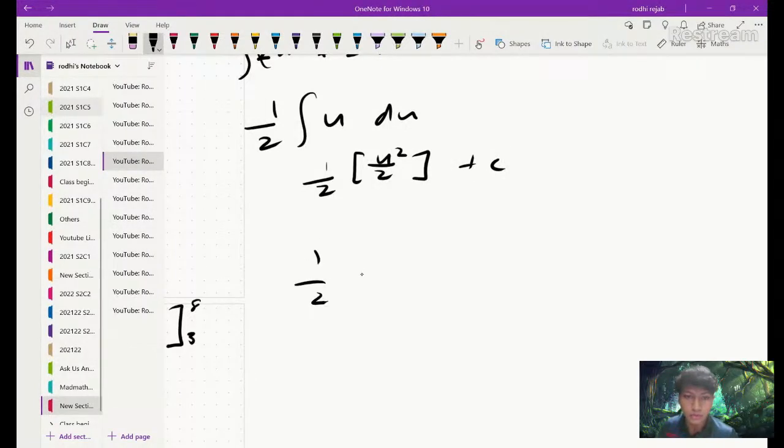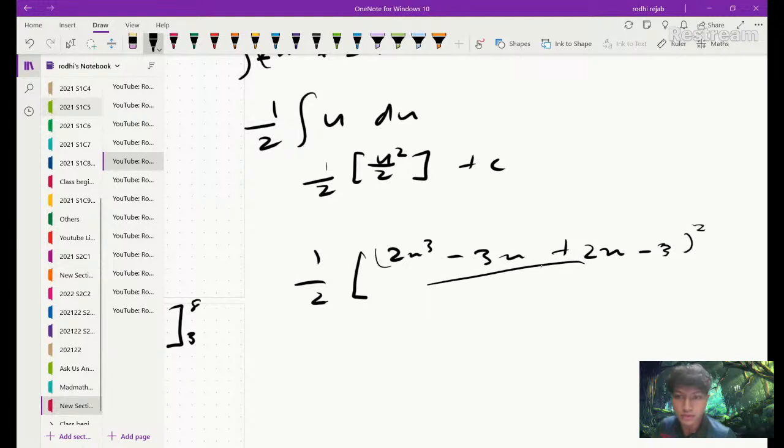So we'll get 1/2 of 2x cubed minus 3x squared plus 2x minus 3, all squared, plus c.